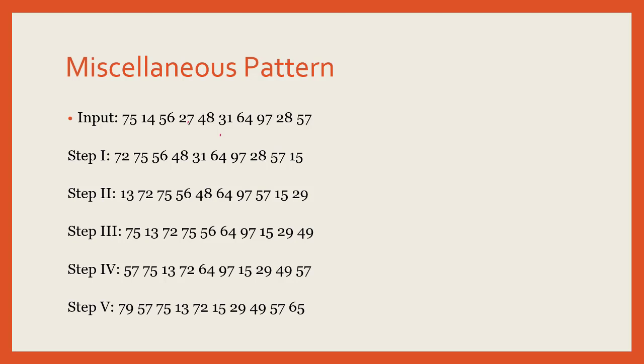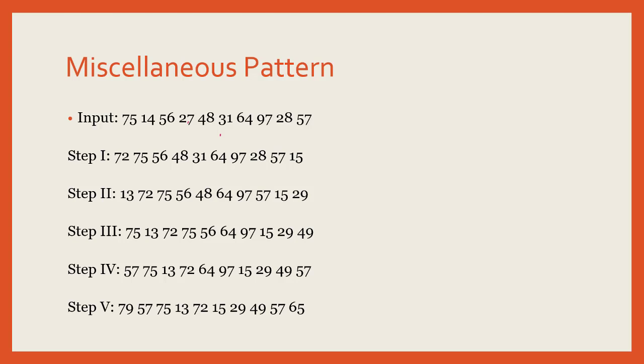Here we have input string as 75, 14, 56, 27, 48, 31, 64, 97, 28 and 57. So it has a few even numbers, a few odd numbers, a few prime numbers as well.